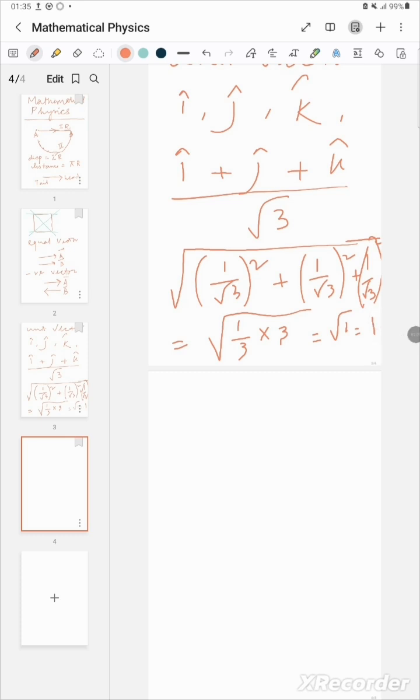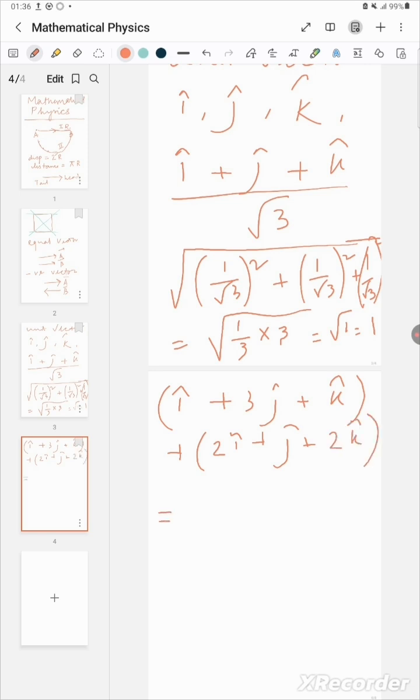Let us now see some operations of vectors. When we talk about operations of vectors, we basically think of product rules and addition and subtraction. So coming to addition and subtraction, for example, if you are given a vector i cap plus 3j cap plus k cap and you have to add this to another vector, say 2i cap plus j cap plus 2k cap.